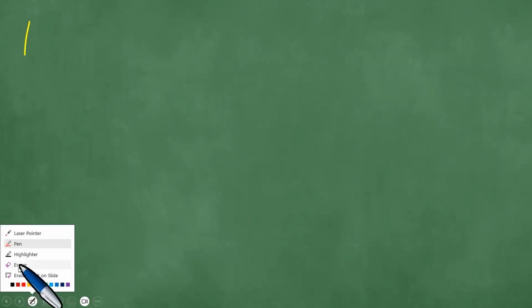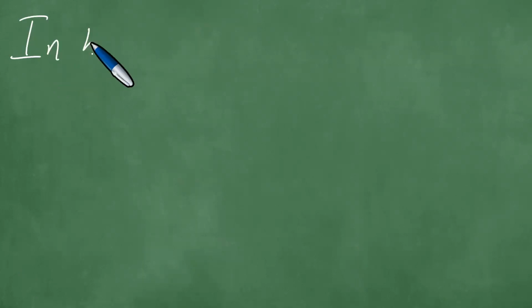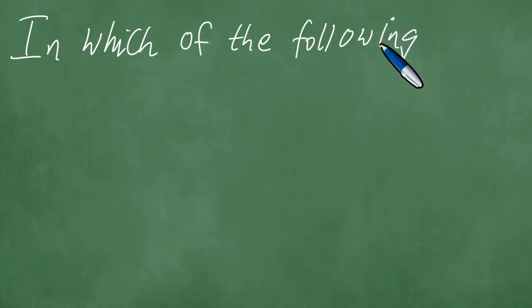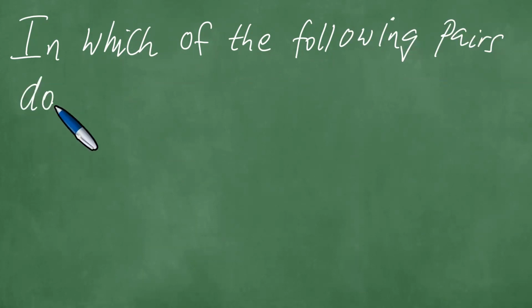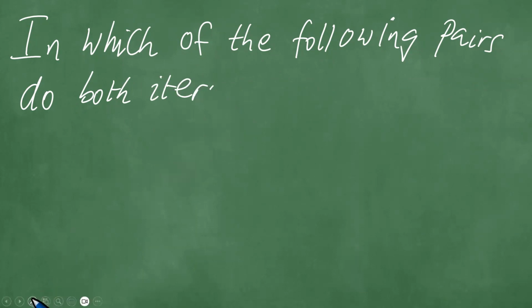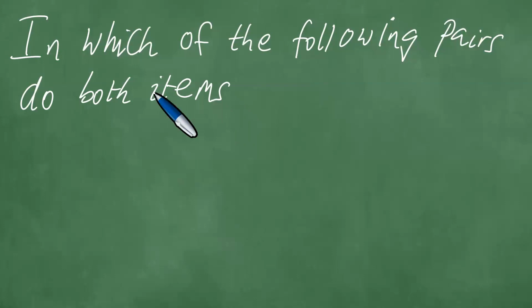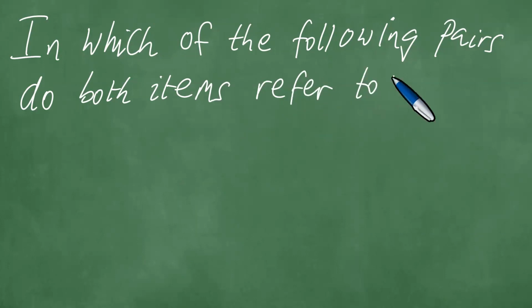Let me use a white color. In which of the following pairs do both items refer to vector quantities?